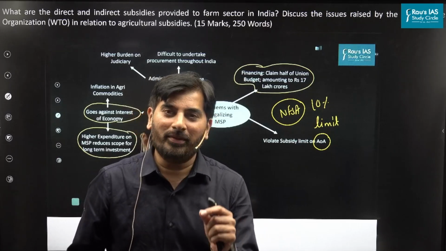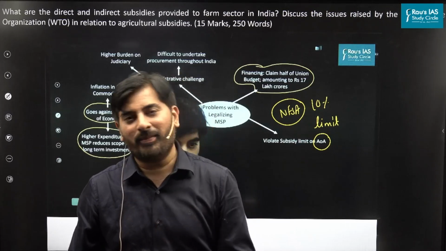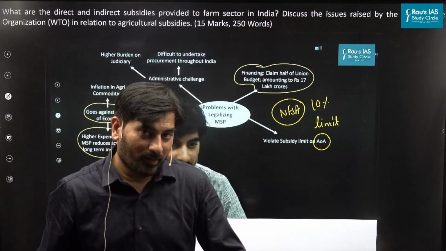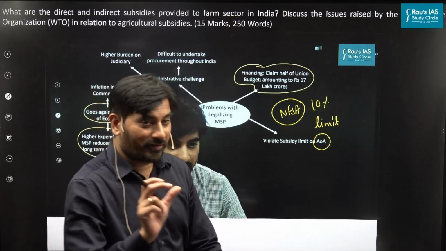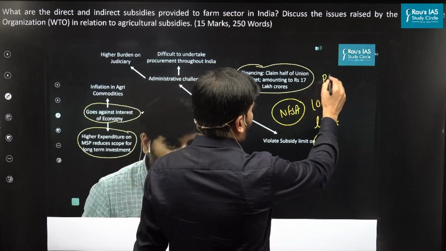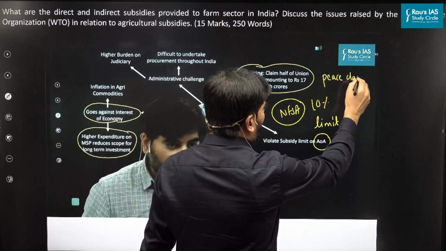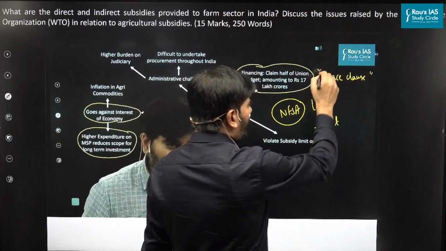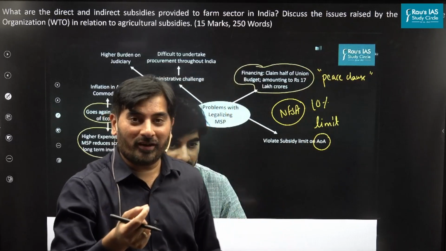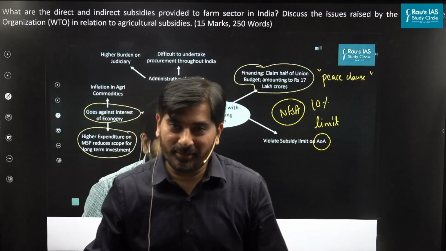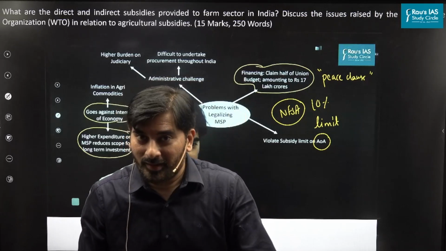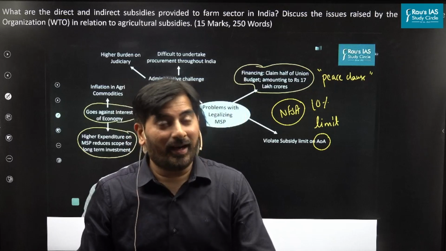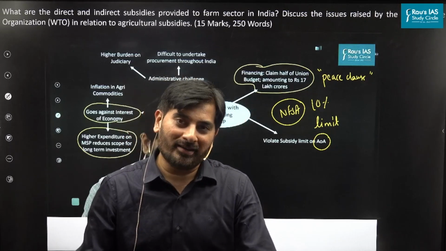And this is one of the biggest issues which is raised by WTO. And we all know that this particular issue is right now resolved through what is called the peace clause. But this peace clause is only a temporary solution, and India has been demanding a permanent solution to this particular problem.